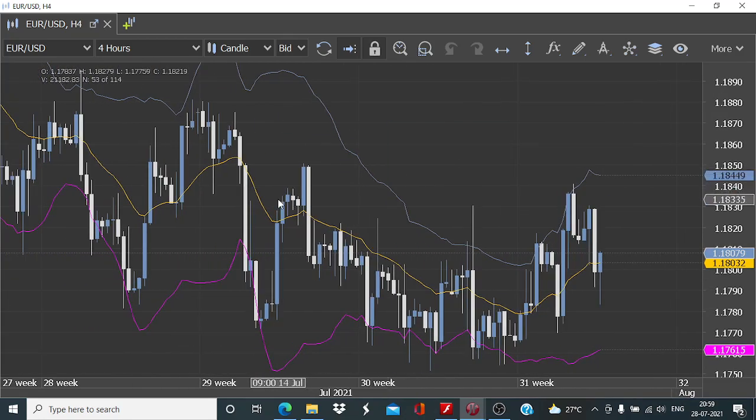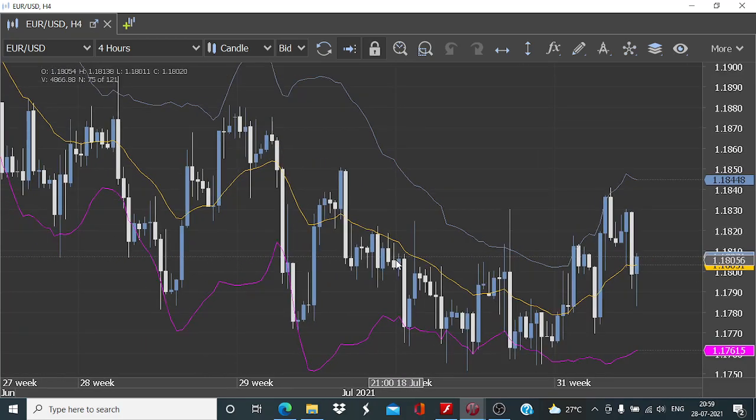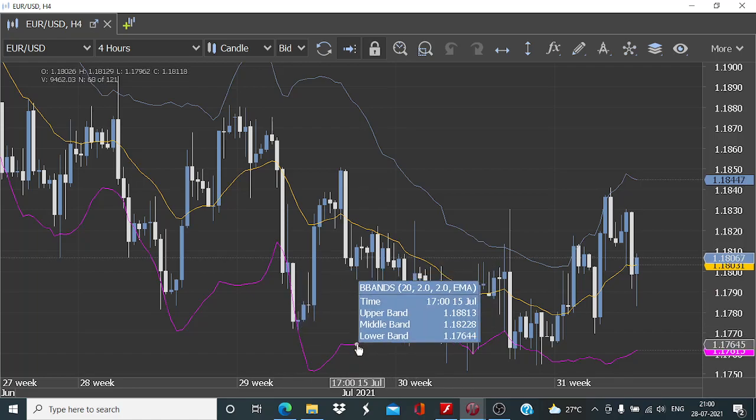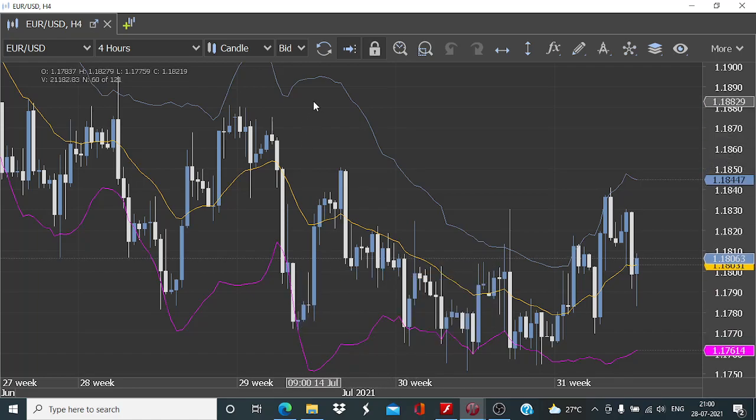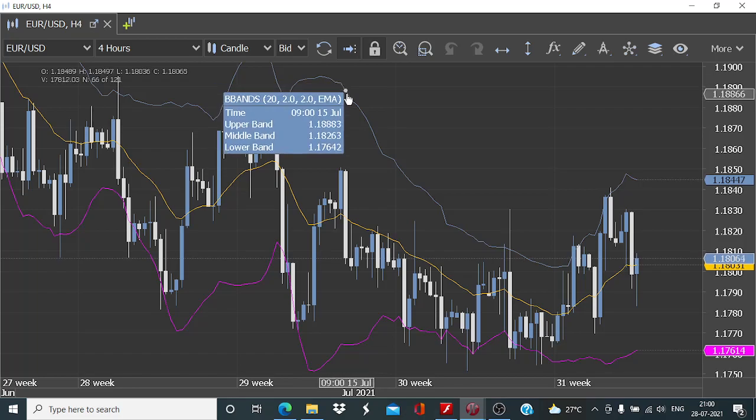And for a sell trade to happen, we will need the bearishness in the price action of the Euro USD, and for that we'll be checking the last 48 hours price action, and the cluster low will need to be below the lower band, and it will also need to be lower than this upper band.